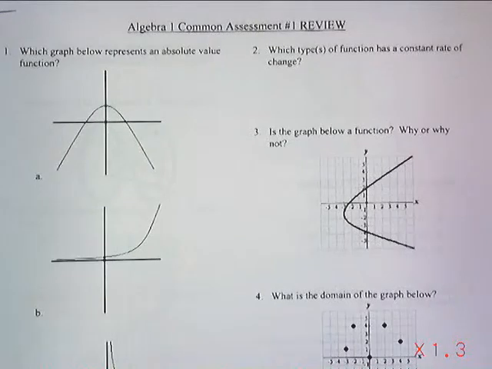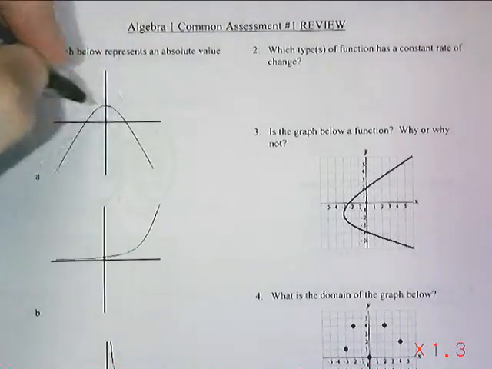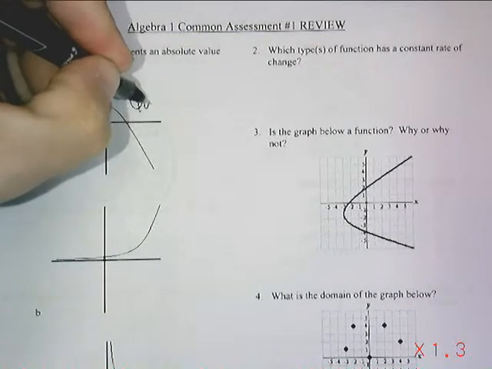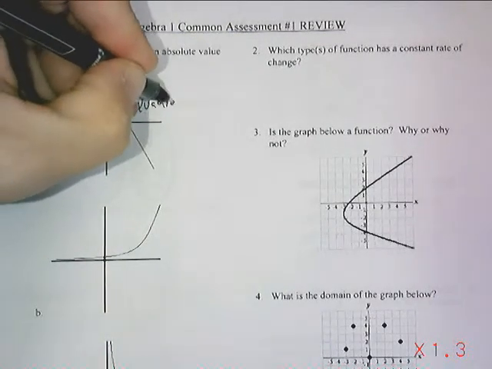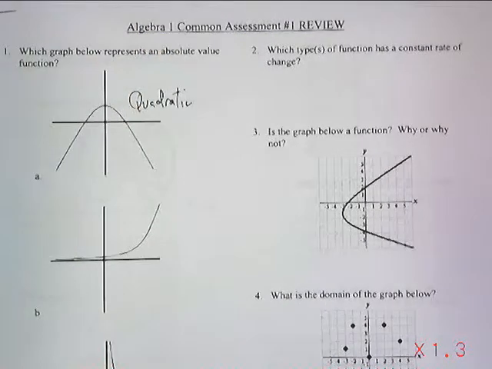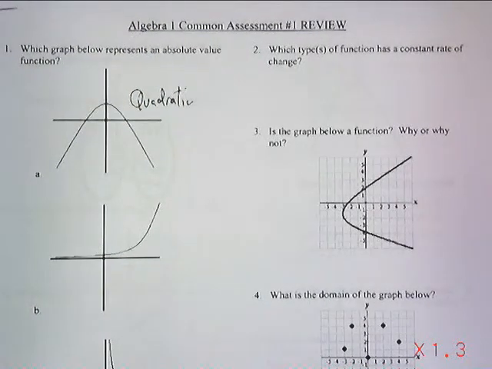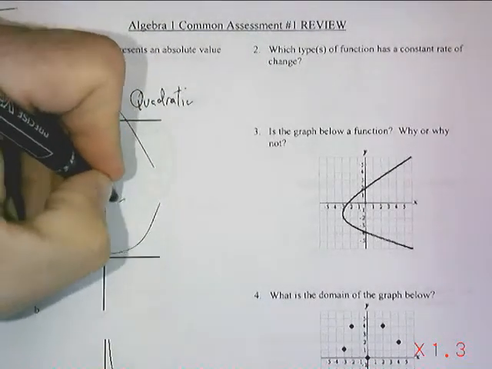First question asks you, which one represents an absolute value function? This one right here is not absolute value, it's quadratic. This is one of the first things we did. The second one, neither is that absolute value, that is exponential.